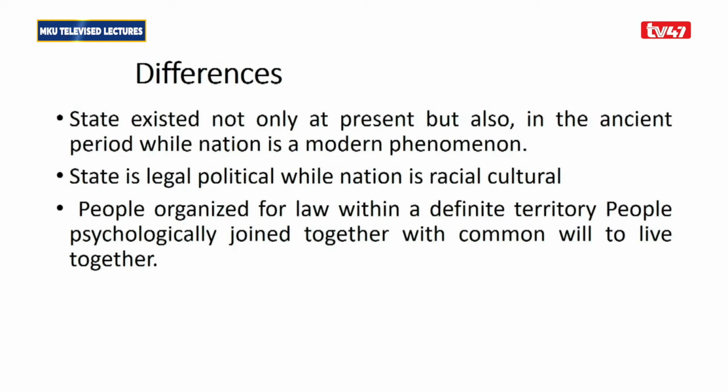There is also another difference. State is legal, political, while nation is racial, cultural. And that's true. A state is based on legal issues and also political issues, but a nation is mostly defined based on racial and cultural issues. A state is people organized for law within a definite territory. A nation is people psychologically joined together with a common will to live together.